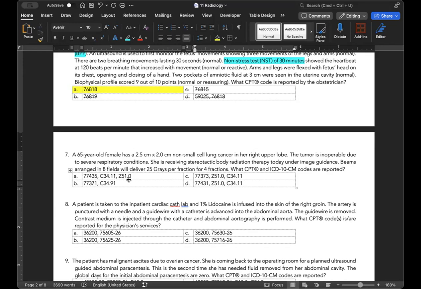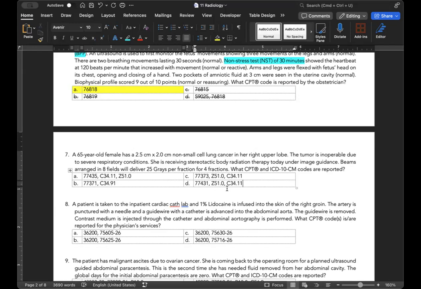So what we need to do is figure out our sequencing, right? So for our sequencing, should we code the non-small cell lung cancer first, or should we code the Z51.0?